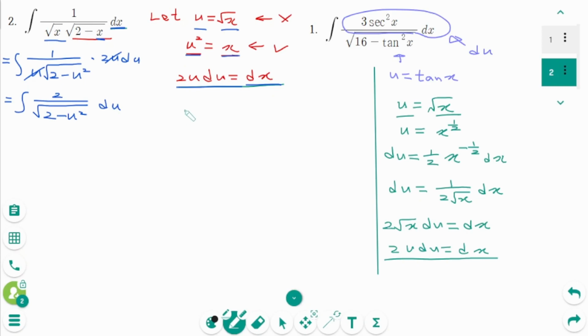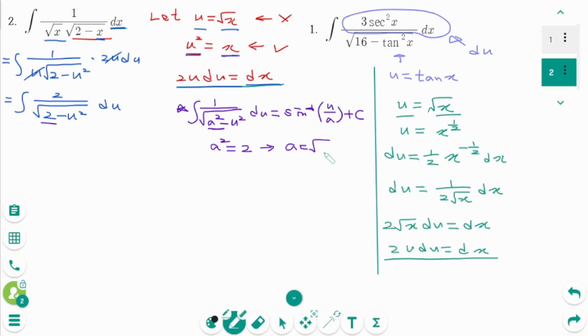Use the formula, the integral of 1 over the square root of a squared minus u squared du equals arc sine of u over a plus c. In here, a squared is 2. That means a equals square root of 2.